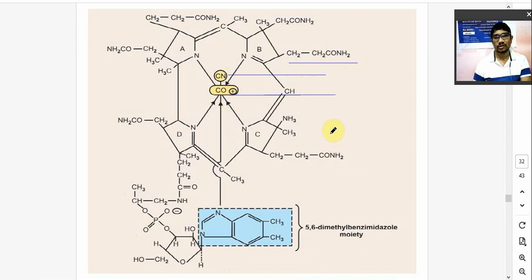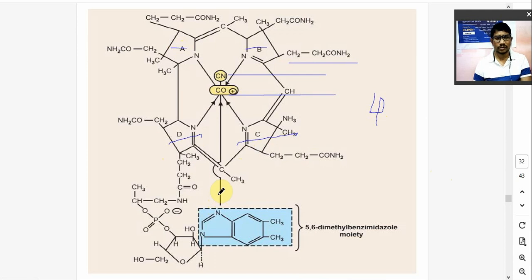So that is the structure of vitamin B12. It is a cobalt and cyanide containing tetrapyrrole. इसके ऊपर अभी recently GPAT में क्वेश्चन आया था.